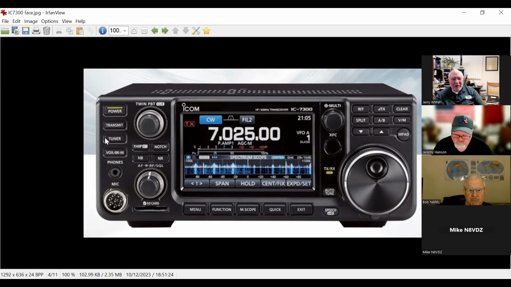If you have an SWR of 3-to-1 or less, it will tune it. It will make your transmitter happy. Anything above that, it won't do it. There's some kind of an emergency circuitry in there. If you reduce the power way down, it will actually work on almost any antenna.